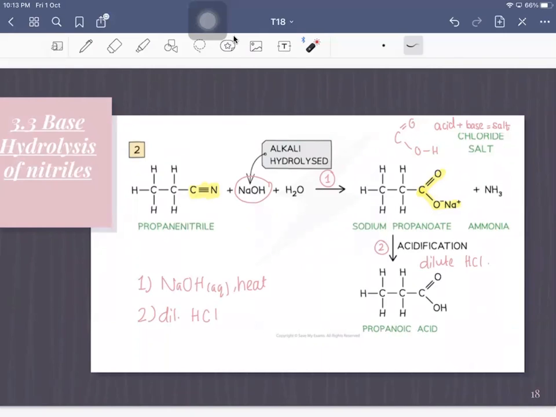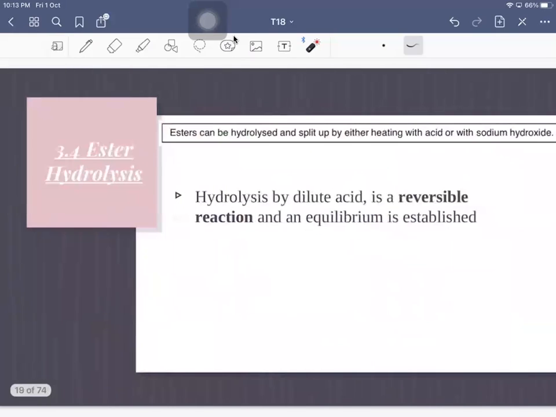The last reaction for the production of a carboxylic acid is the hydrolysis of ester. Hydrolysis, same thing, we are breaking down the ester bond. It's the opposite reaction of esterification.